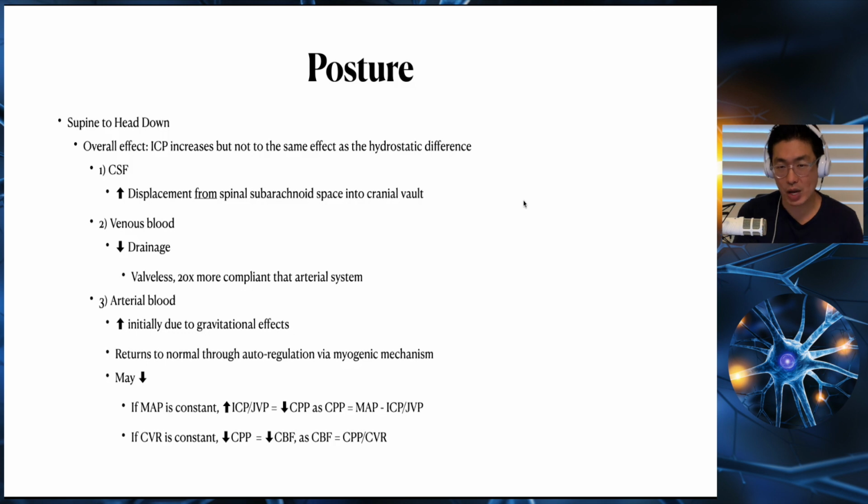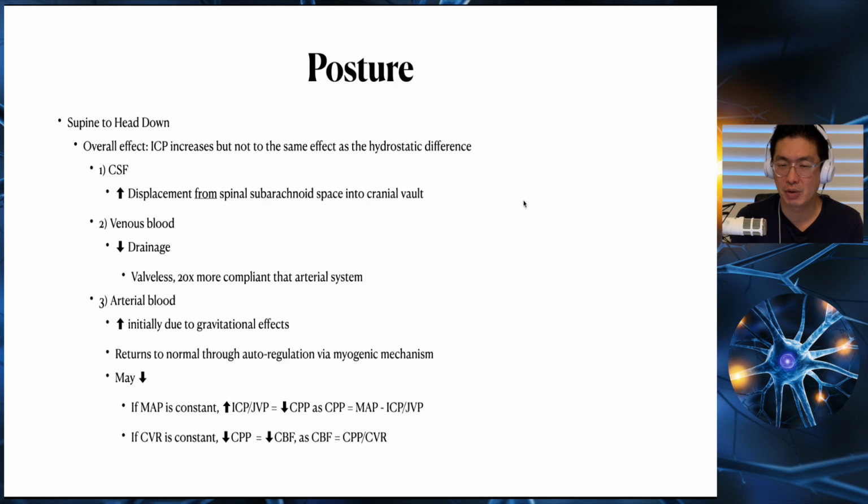All right, and this is where you can incorporate the formulas in. Now, if your MAP is constant, and with the head down position, if you get that venous congestion, if you get that increase in CSF, you start getting an increase in your ICP or CVP or JVP, what happens is that you get a reduction in your cerebral perfusion pressure. And why do you get a reduction in your cerebral perfusion pressure? It's because of the formula, CPP equals MAP minus ICP and JVP.